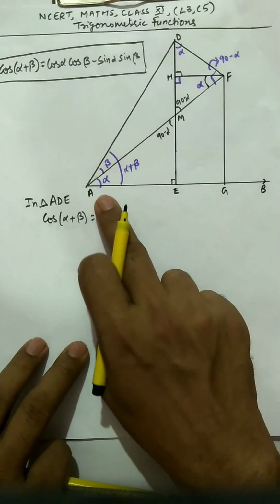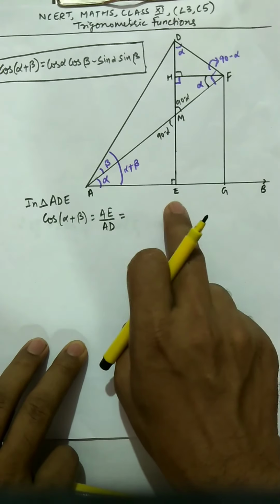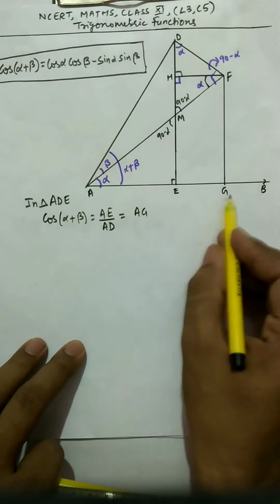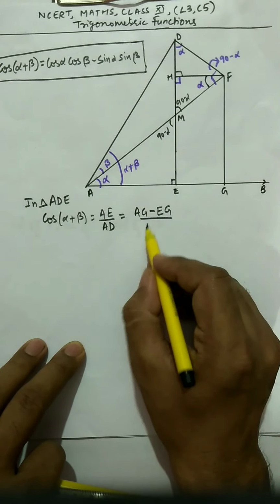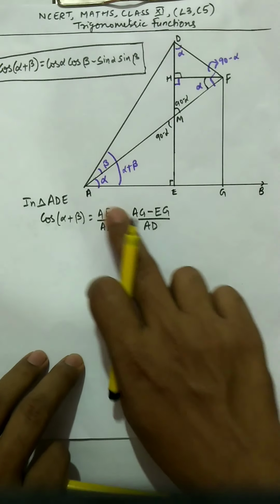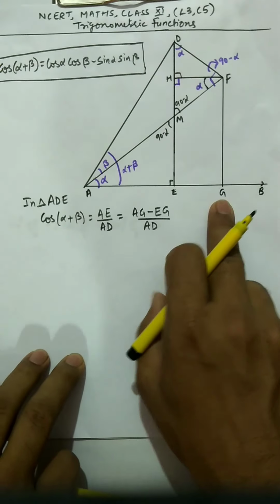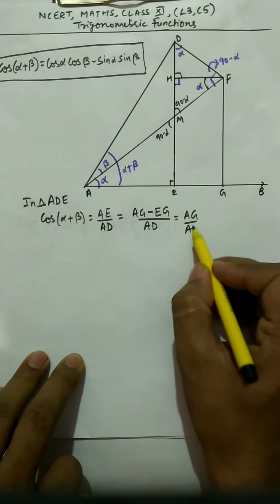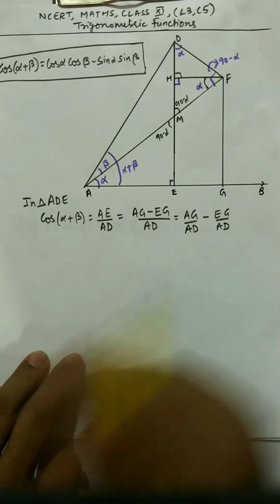Next you see that AE is actually AG minus EG. So AE is equal to AG minus EG, over AD. Next you can write AG upon AD, and you can write EG upon AD.